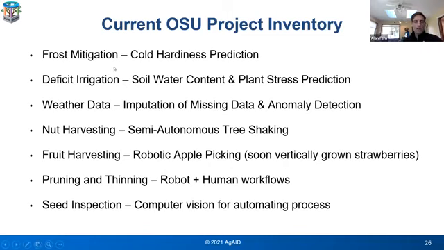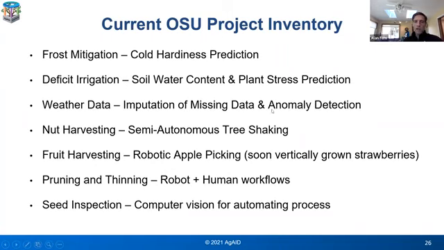One is frost mitigation. I'll tell you about that in a moment. Another is deficit irrigation. Raviv Reich is working on this problem. So you have sensors in the field. Can you predict what the soil water content's going to be given an irrigation schedule, the weather that you can measure, and also that all relates to plant stress.